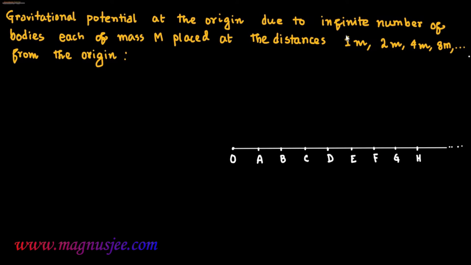We have the different points A, B, C, D, E, F, G, H at the distances x equal 1 meter, x equal 2 meter, x equal 3 meter, x equal 4 meter, x equal 5 meter, x equal 6 meter, x equal 7 meter, and x equal 8 meter, and so on. An infinite number of bodies are placed at those points.